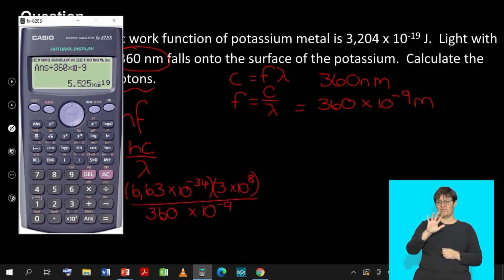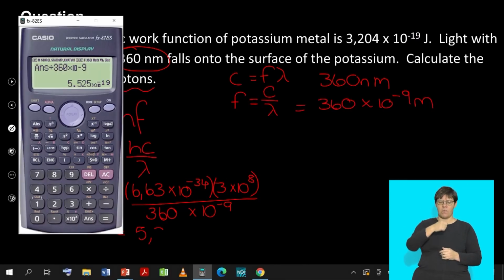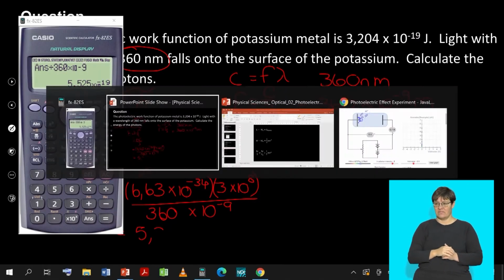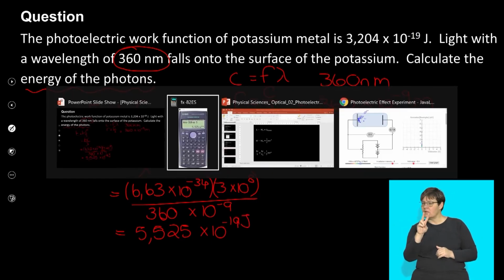Because they gave me the work function to 3 decimal places, I'm going to keep that as 3 decimal places, okay? Just to be consistent. So this is 5,25. Oh, no. 5,525. There we go. It's always important to read all the numbers. Let's just check that I have written it right.